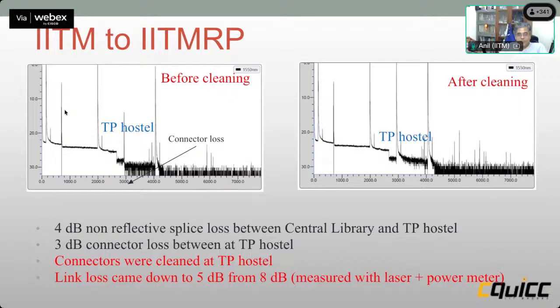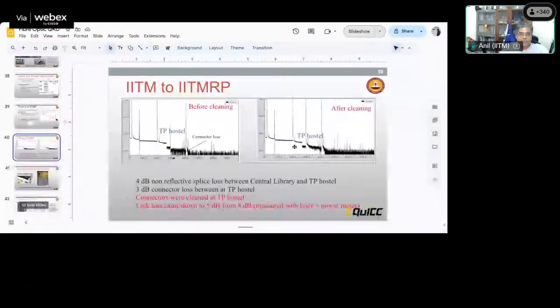We have 1, 2, 3, 4, four large connections and maybe a couple of smaller ones. So just the quality of the fiber that we are using causes losses from one end to the other end. These can also be places where people tap your information and you don't know that.